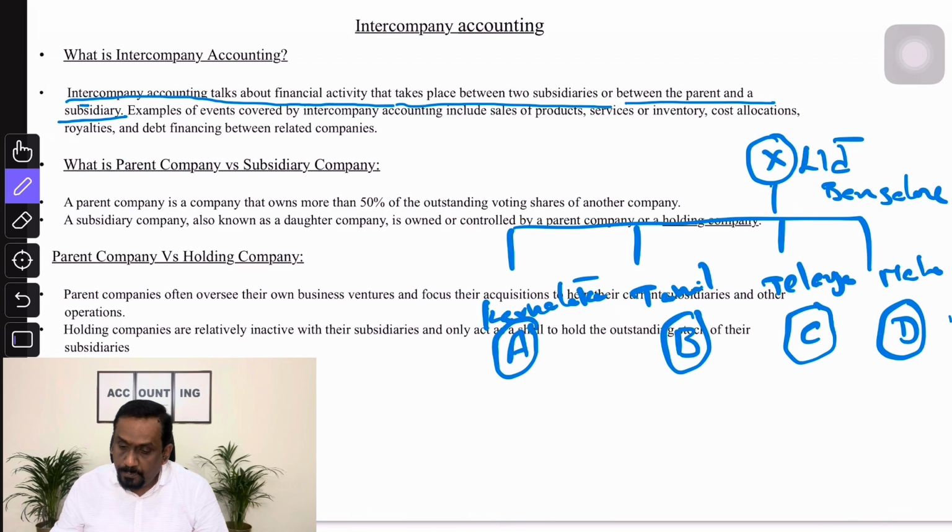What did I do? I started a manufacturing unit of X Limited in Bangalore, and whatever products X Limited is going to manufacture will be sold by X company on its own in Karnataka, Tamil Nadu, Telangana, Maharashtra, and so on in different states.